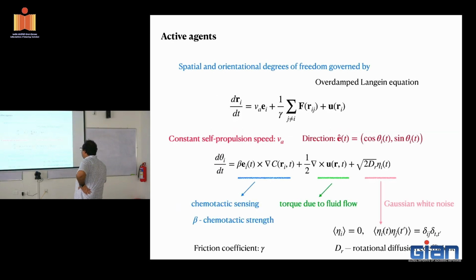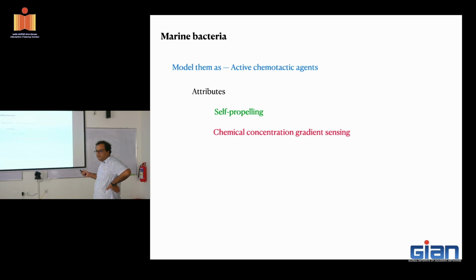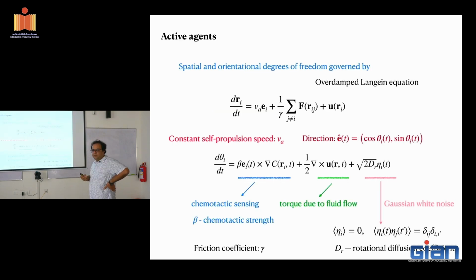Okay, so if these are active agents, then I need to write down the equation of motion that will determine the spatial and orientational degrees of freedom, and I will simply use a Langevin equation, or rather an overdamped Langevin equation. This equation will consist of three parts.